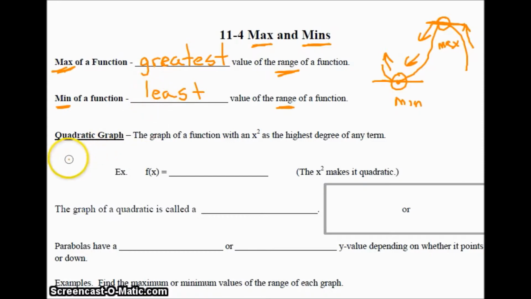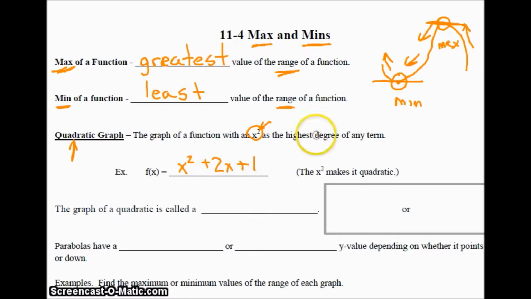Most likely we're going to be discussing quadratic functions. If you remember one of our earlier units, we talked about what a quadratic means. A quadratic is nothing but a function with x squared as the highest degree of any term. So we're looking at this 2; that 2 makes it a quadratic function. Let's create one of our own, a quadratic trinomial: x squared plus 2x plus 1.